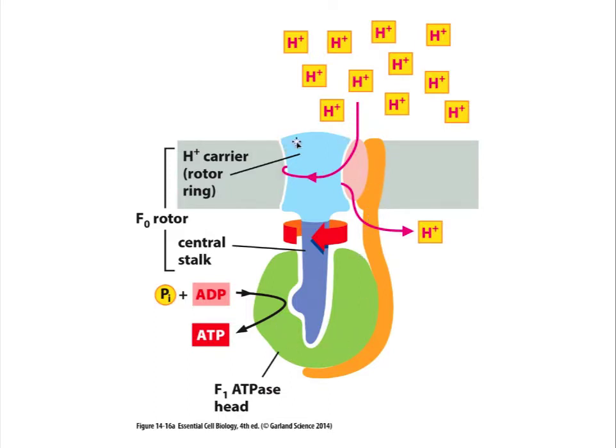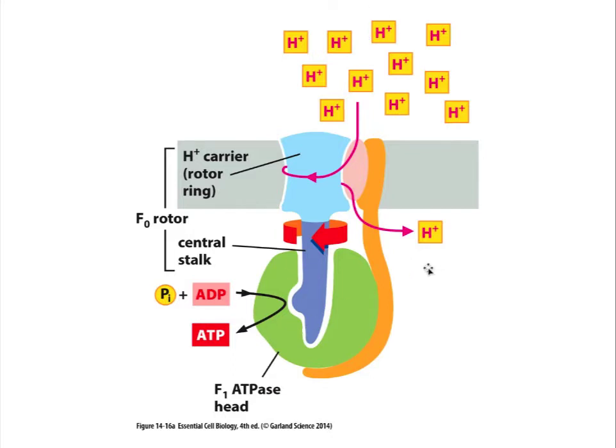As the protons travel down their proton gradient, they cause this rotor ring to spin, and as it spins, it moves the stationary parts of the ATPase head back and forth because of its bulge here. That back and forth motion of those polypeptide chains is enough to mechanically charge ADP into ATP.